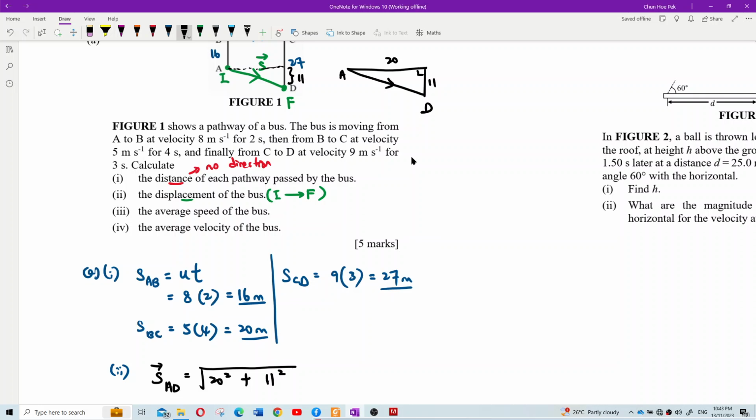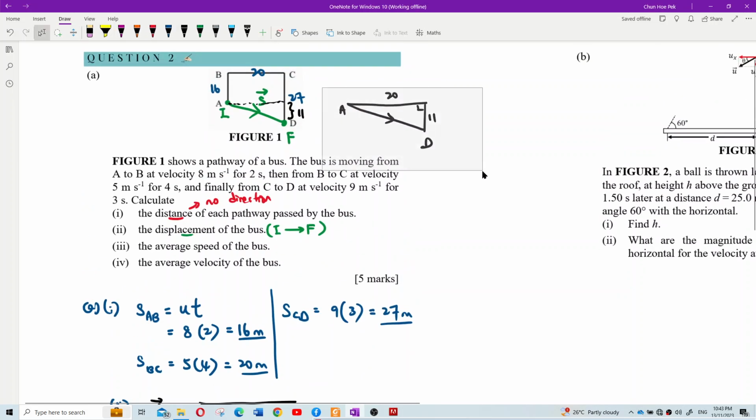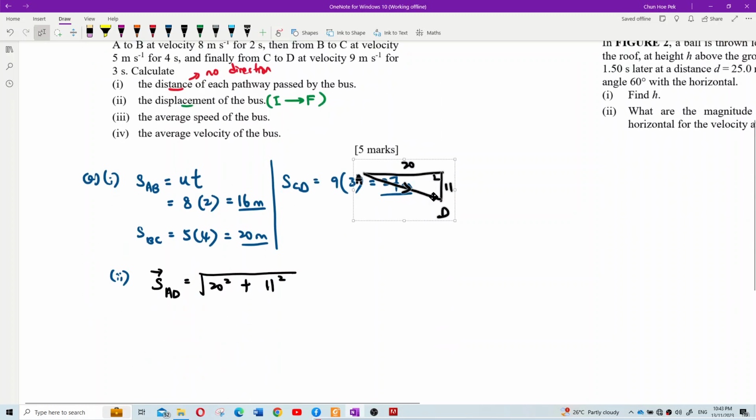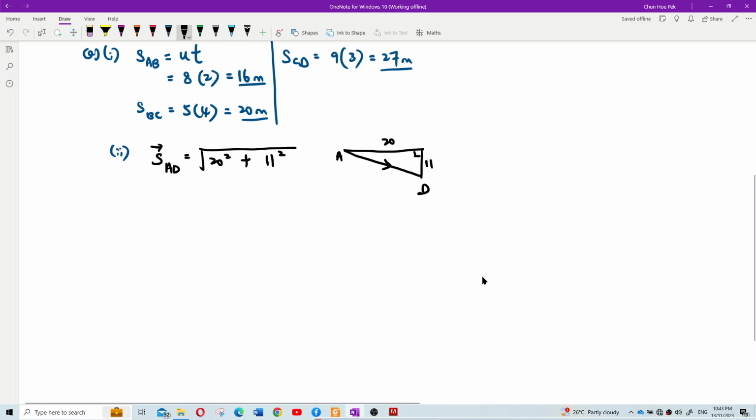Okay, so this one just draw it down. So check out the answer. 20 square plus 11 square. The answer is 22.83.